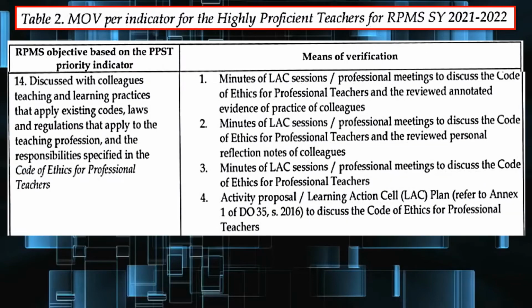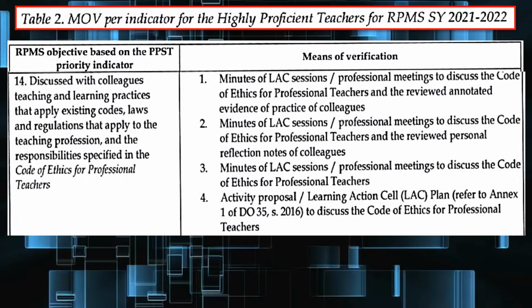For objective number 14, discussed with colleagues teaching and learning practices that apply existing codes, laws, and regulations that apply to the teaching profession and the responsibilities specified in the Code of Ethics for Professional Teachers. MOVs: number 1, the minutes of LAC and professional meetings to discuss the Code of Ethics for Professional Teachers and the reviewed annotated evidence of practice of colleagues.